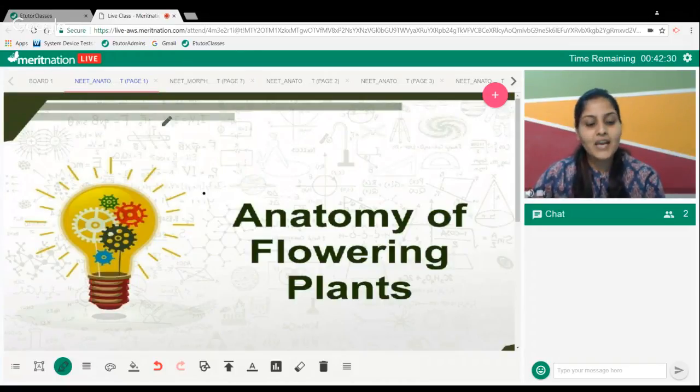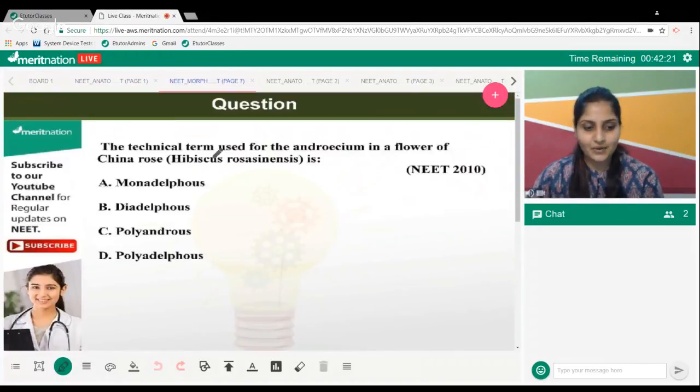Before we begin with the anatomy section today, there was a question in the previous session of morphology, regarding the androecium of hibiscus flower. As a matter of fact, the explanation was given right, however the option chosen was wrong.